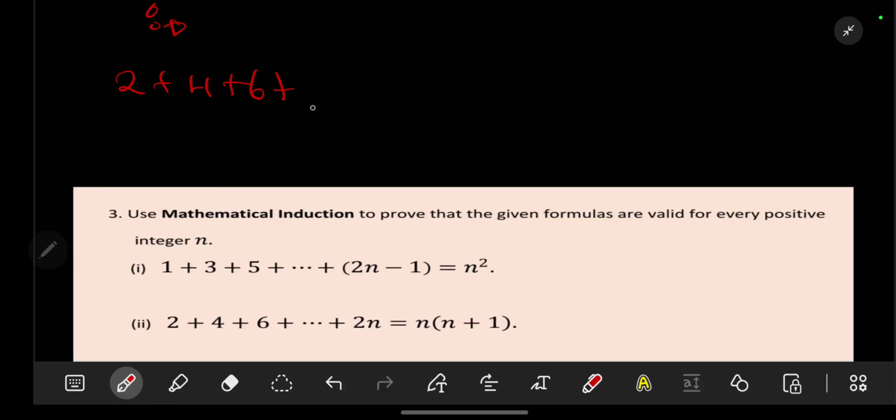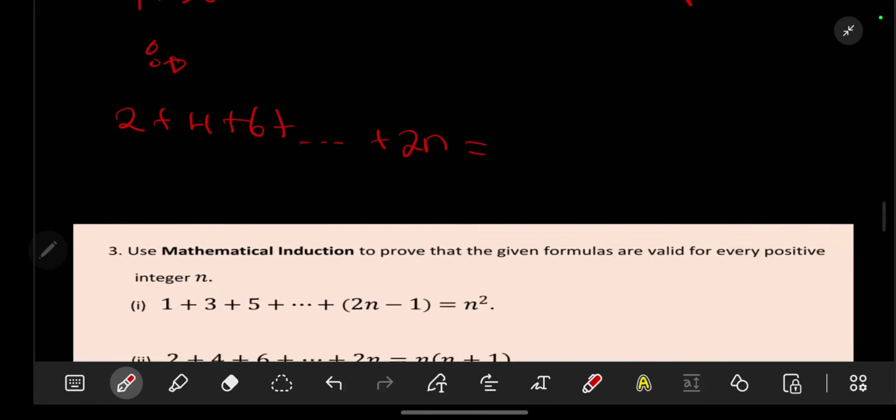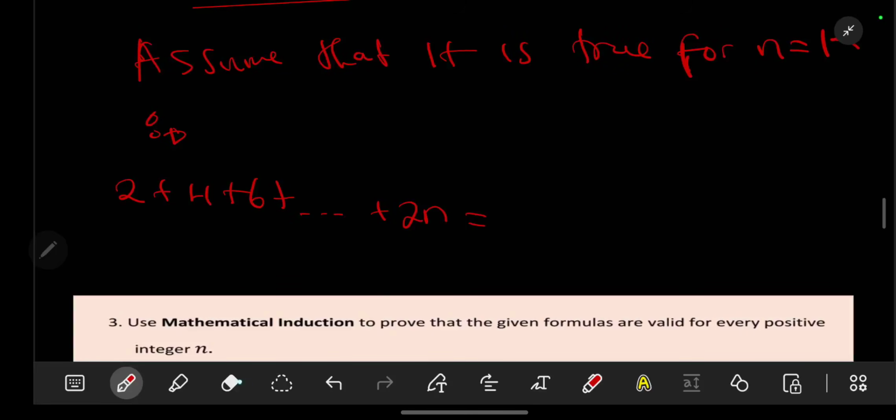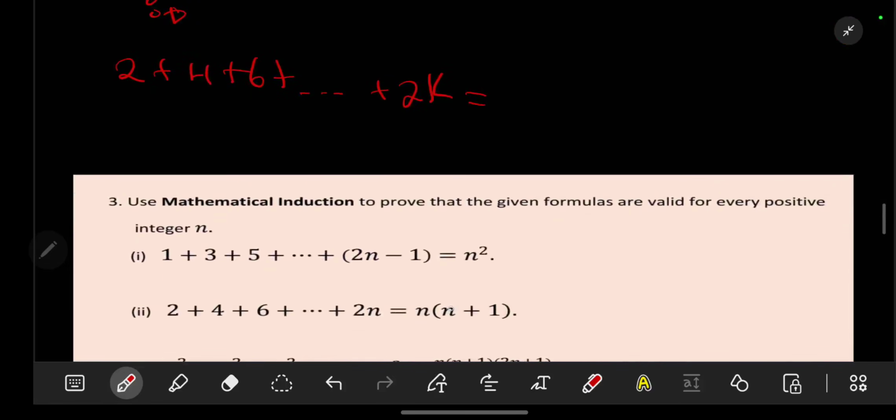Then we have plus dots plus your 2n should be equal to, where there is n, we put k, since we are saying n is equal to k, so we have k open brackets k plus 1 like that.